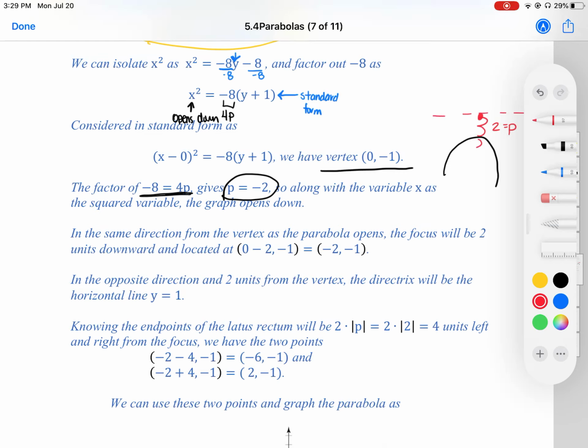And that p-value, one of them is going to move inside, and that's going to be my focus point. That's just a sketch, so I can have a mental idea of what's going on. So in the same direction from the vertex, the focus will be 2 units downward, located at, since it's moving down, we're adding it to our y.